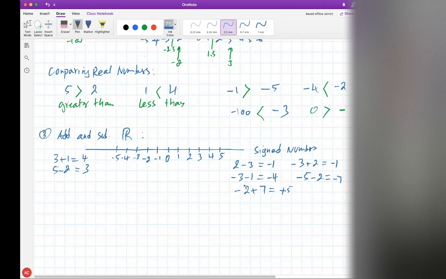So let me take a couple of these and we will apply them. If you look at these two here, what happens to the sign, and how do you get the 4 without looking at the number line? Just ignore the number line now. Just try to understand the pattern here, so we can do these without the number line.